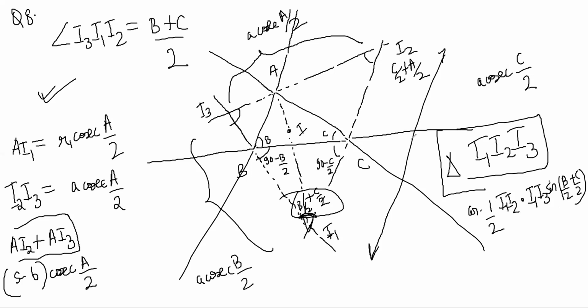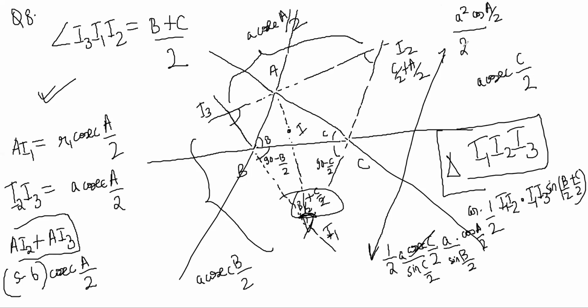I1, I2 is this side, which is A cosec C by 2. Half A cosec C by 2 into A by sine B by 2, and this is by sine C by 2, multiplied by sine B by 2 plus C by 2, which is cos of A by 2, right? So you're getting A square cos A by 2 by 2 sine B by 2 sine C by 2, right?